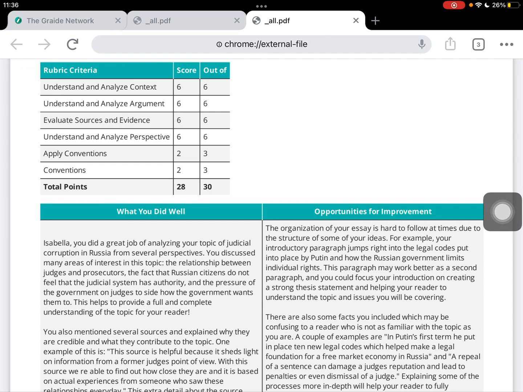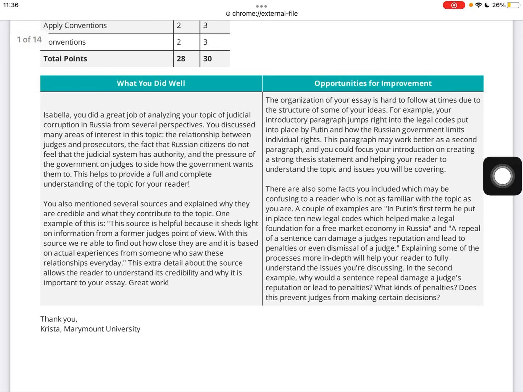Overall, what they would give you, remember, this isn't necessarily what a teacher would give you. It depends how your teacher uses this. Okay, and then the what you did well and the opportunities for improvement. So you have a couple different places that you could start figuring out what you've done well and how you can revise your paper.